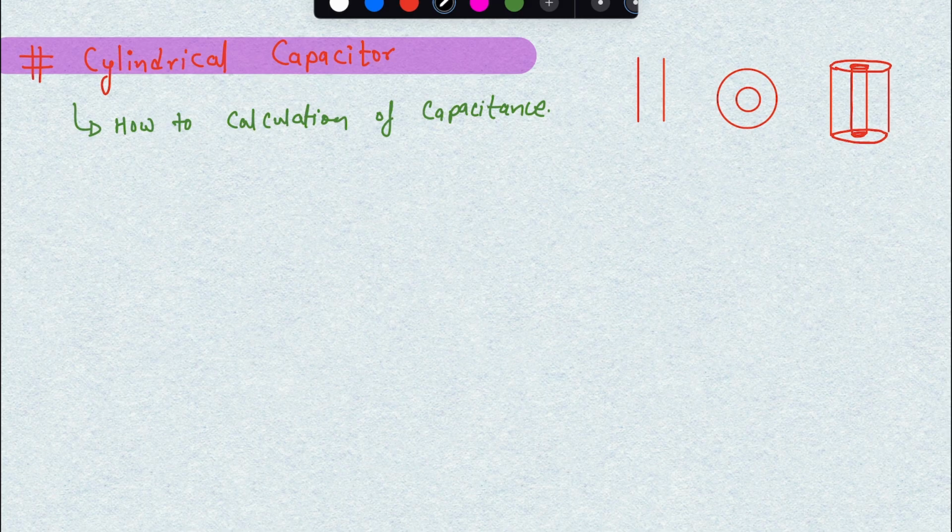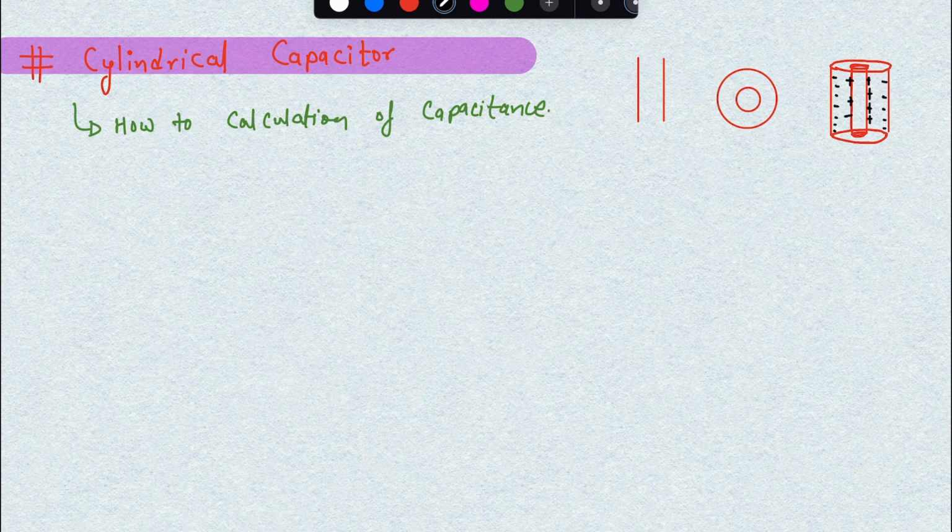For example, if I give a positive charge, then the positive charge is on the inner surface, or maybe you can take it negative, that will be quite easy to understand. So we have the negative charge on the inner surface of this cylindrical capacitor, and there is an equal amount of positive charge on the outer surface of the inner cylinder.